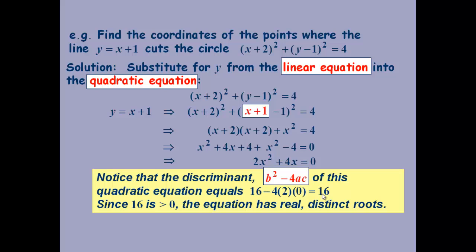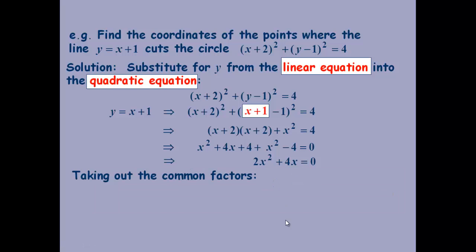So we get 16, which is positive, which tells us that the equation has 2 distinct real roots. So we take the x out. We can also take 2 out, can't we? Because 2 is a common factor of 2 and 4. So take 2x out, and that gives us solutions when x is 0 and when x is -2.